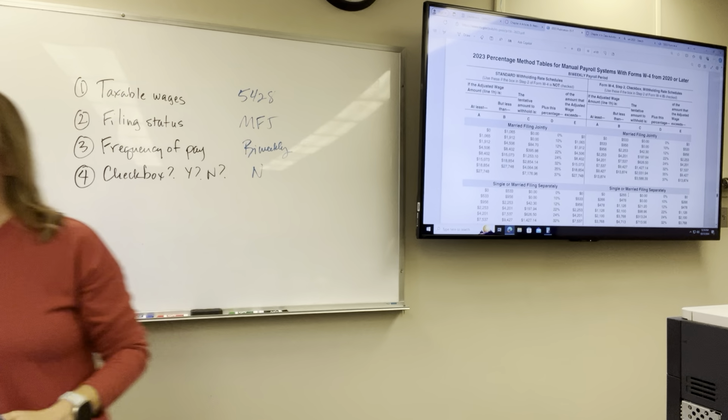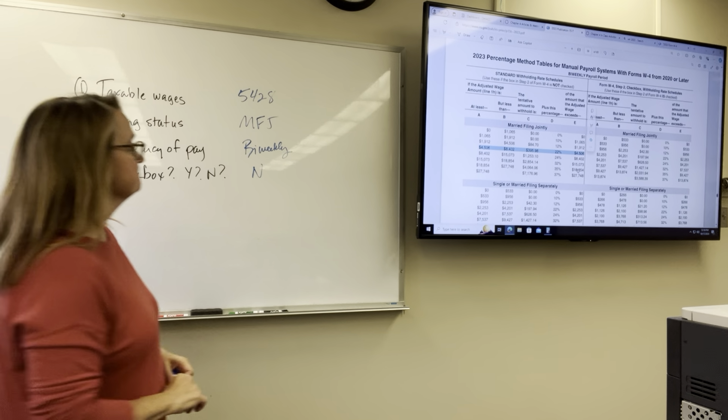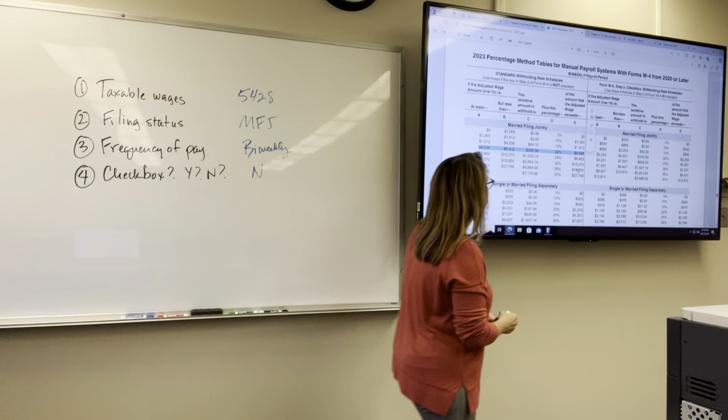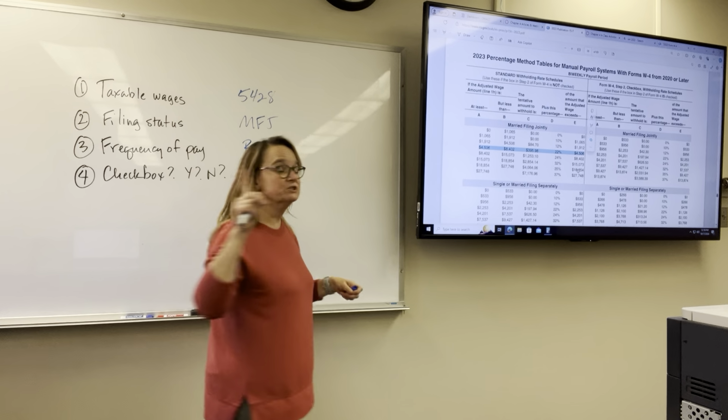So this is the line that we're going to use. The tentative amount to withhold is $395.98. What I suggest is once you have that tentative amount, write it down. Just kind of set it to the side, because you're going to need it again in the calculation. All right, so our tentative amount, $395.98.